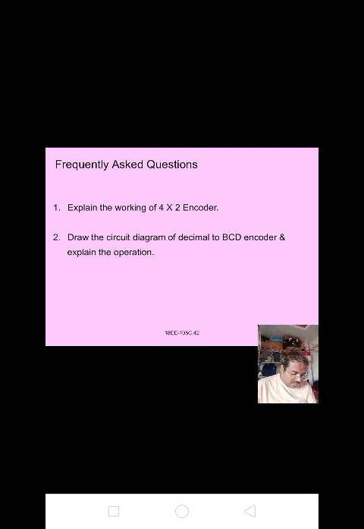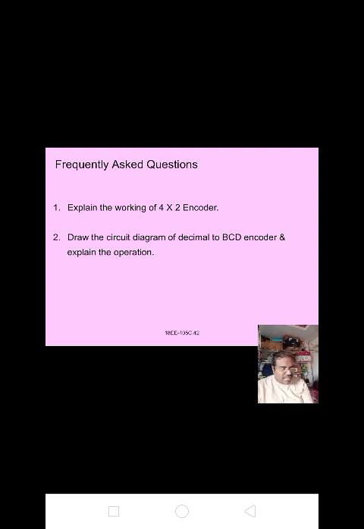The OR expression for D in terms of decimal digits can be expressed as D equal to 8 plus 9. Similarly, for bit C equal to 4 plus 5 plus 6 plus 7. For bit B equal to 2 plus 3 plus 6 plus 7. For bit A equal to 1 plus 3 plus 5 plus 7 plus 9.